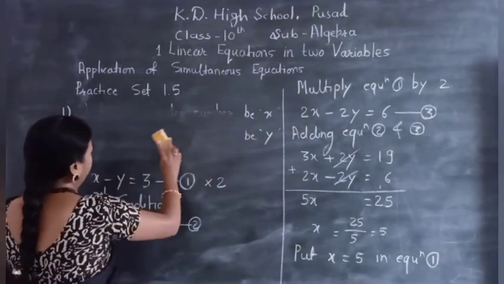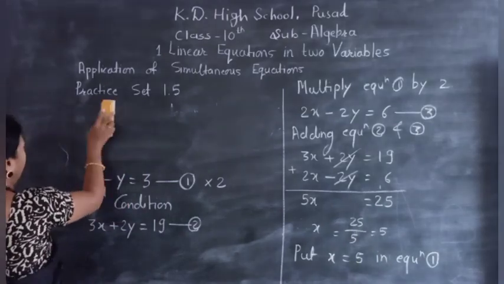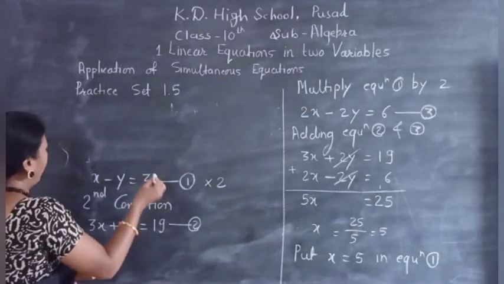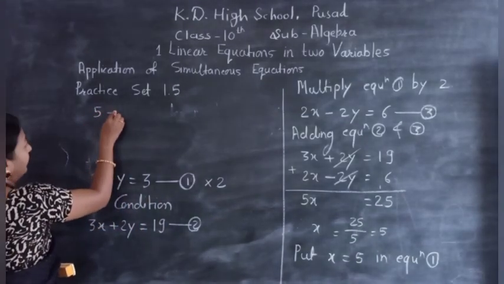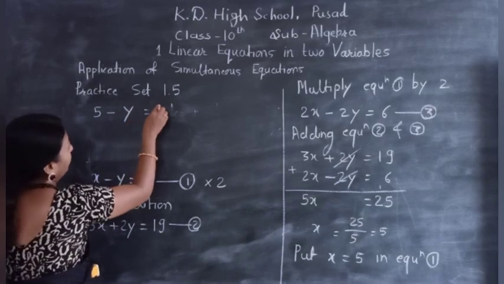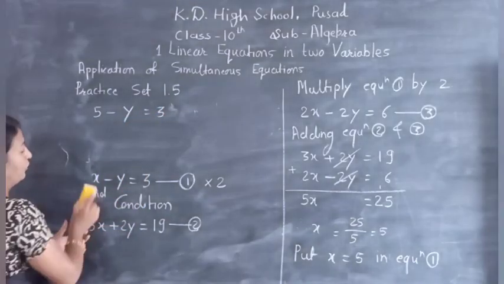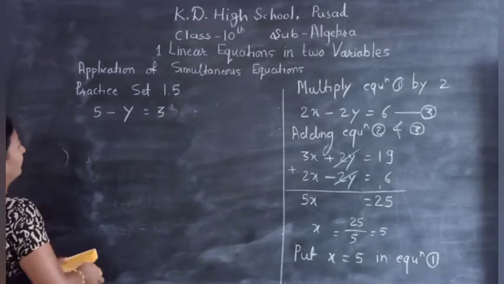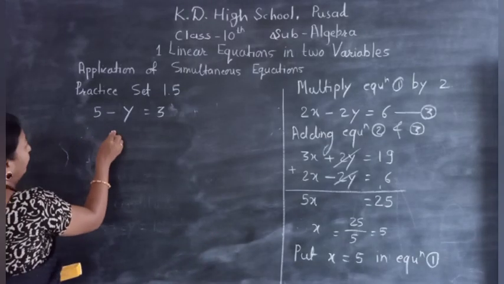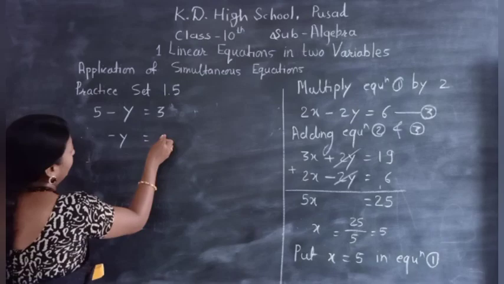Now 5 minus y is equal to 3. So we have to find out the value of y. Therefore, 5 minus y is equal to 3.